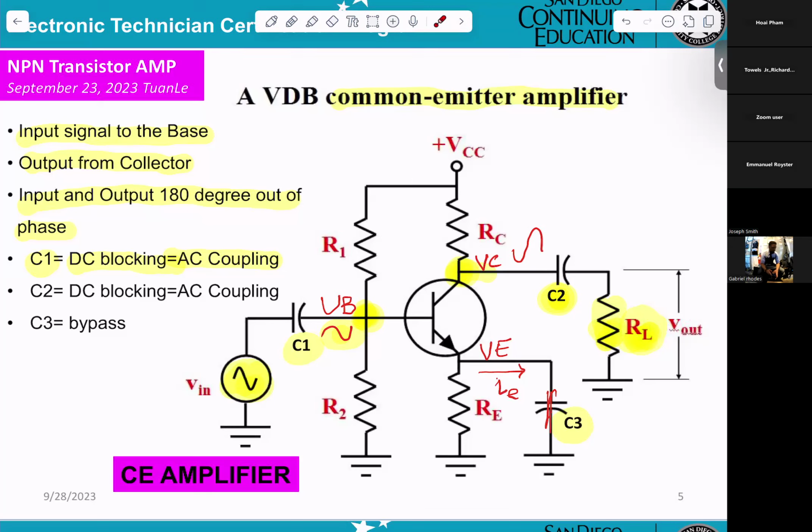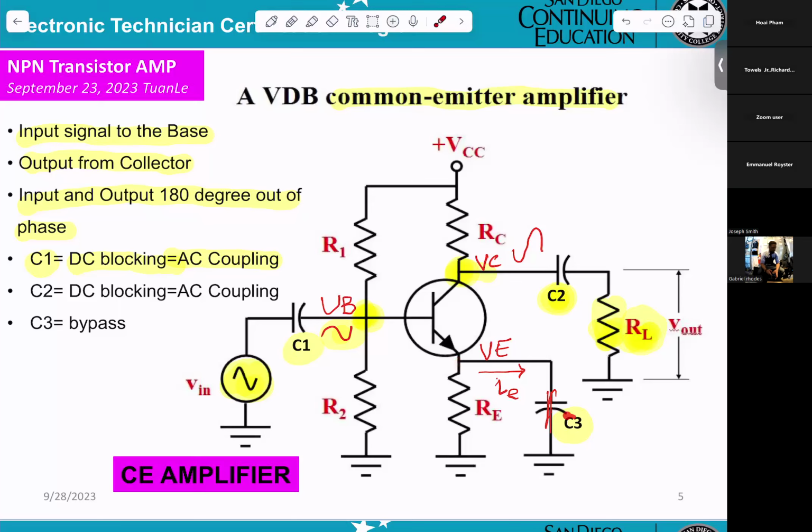C2 is the same thing, DC blocking, AC coupling. And the last one, C3, okay, that will be the bypass capacitor. That means at the emitter, you're supposed to get an AC sine wave.